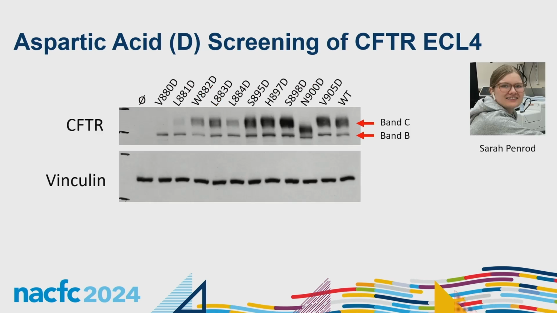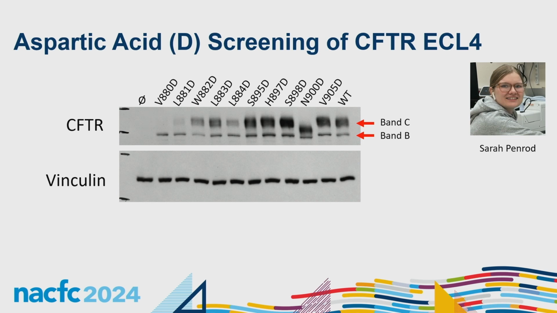This project was mainly conducted by a talented technician in the lab, Sarah, and she was able to use site-directed mutagenesis to generate every single aspartic acid mutation or variant. Then she expressed these plasmids in the cells, ran the Western, quantified it, and summarized it.